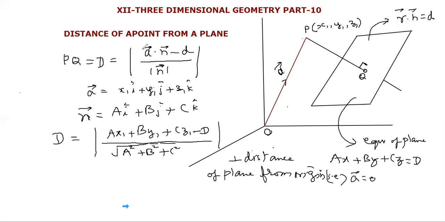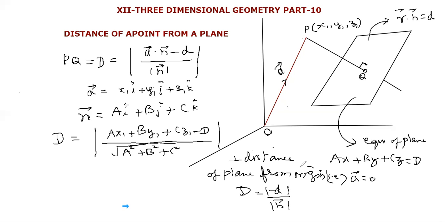So if you put 0 in this equation, in the vector form you will get just d minus d upon n vector.